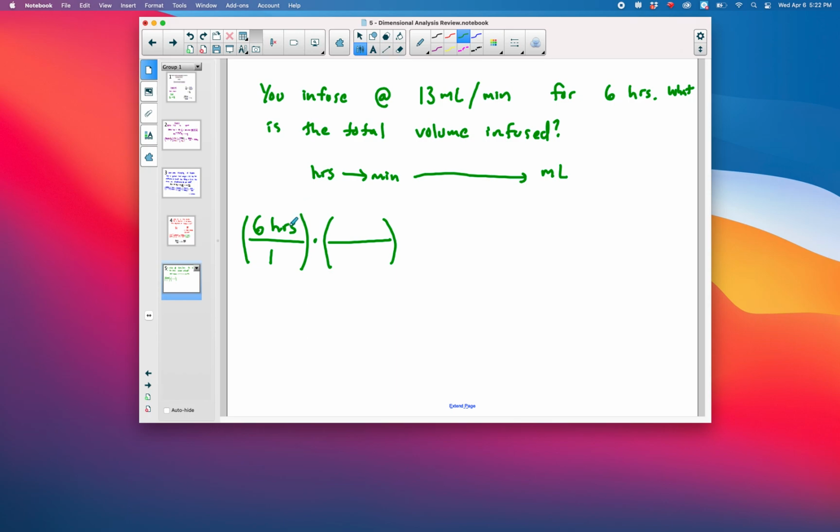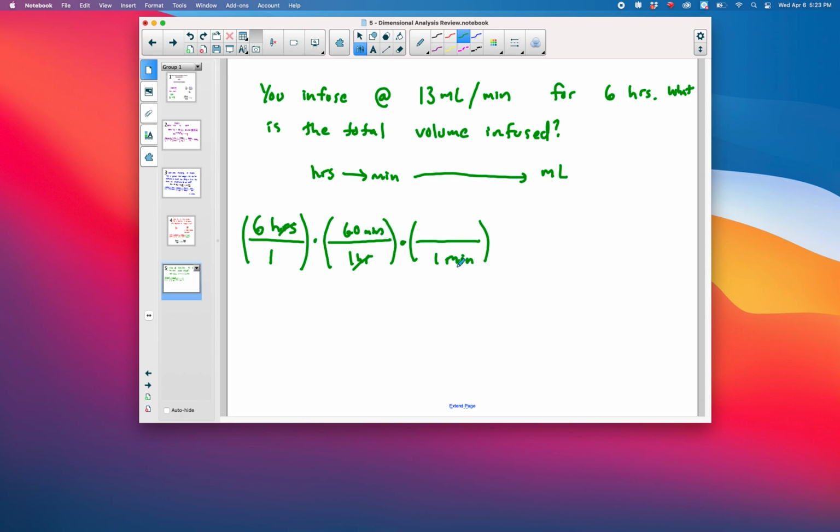So here's how we do it. In 1 hour, there are 60 minutes. I knew to put hours on the bottom because hours is on top here. The hours cancel. If I were to multiply right now, we would get the number of minutes that 6 hours is, which is not helpful. I want my answer in milliliters. Multiplying again, this gives me the number of minutes that I'm going to be infusing, and I'm infusing 13 milliliters per minute. So I put 1 minute in the bottom, so it's per single minute.